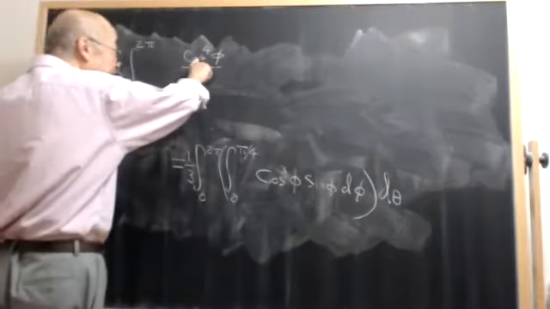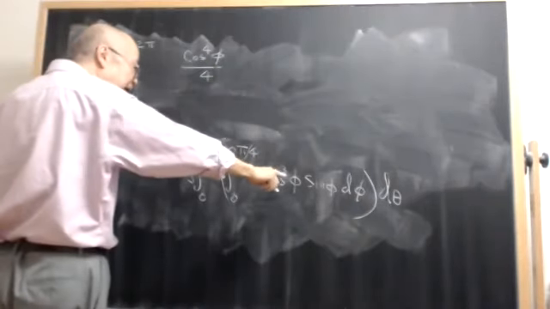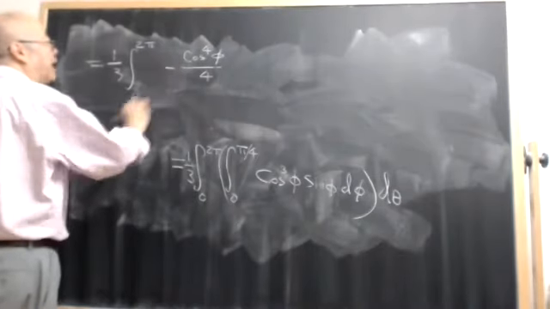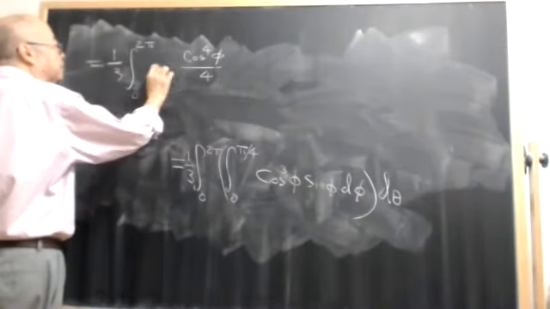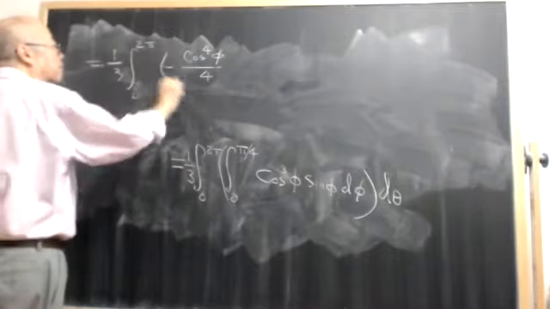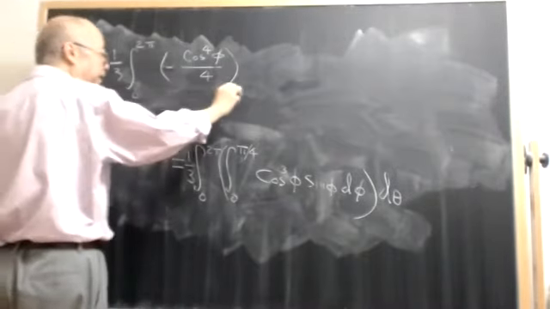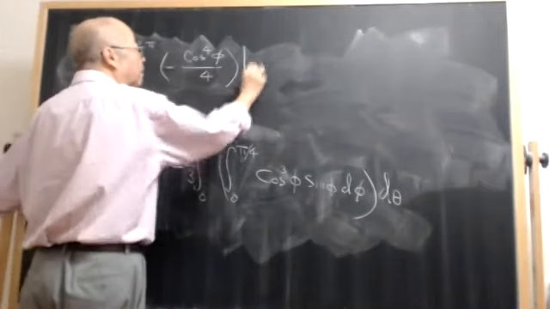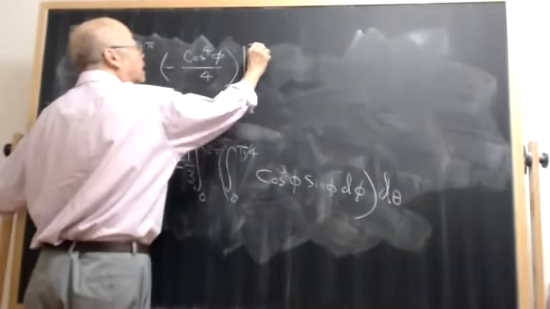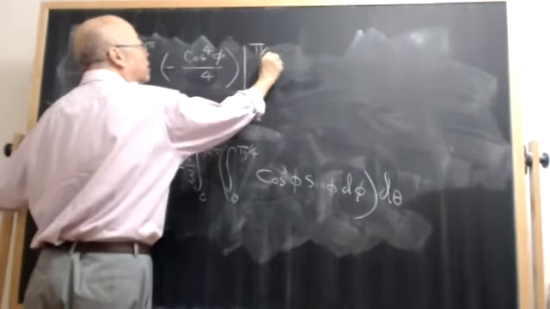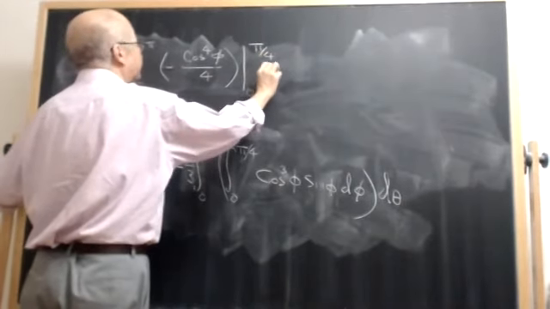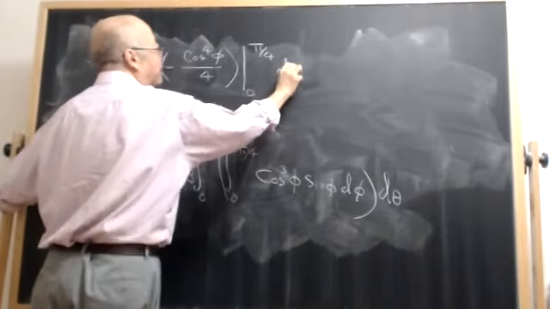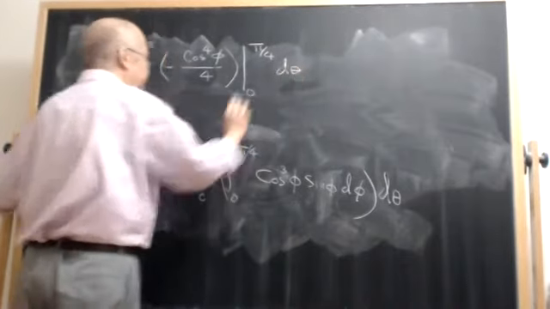But when you differentiate cosine, you get minus sine. So I have a minus sine here. And then the whole thing is evaluated at 0 and pi by 4.